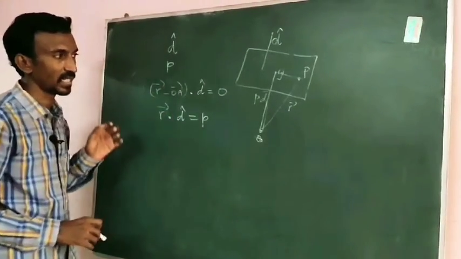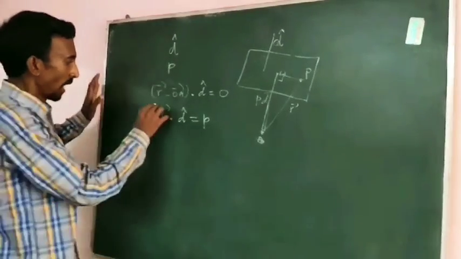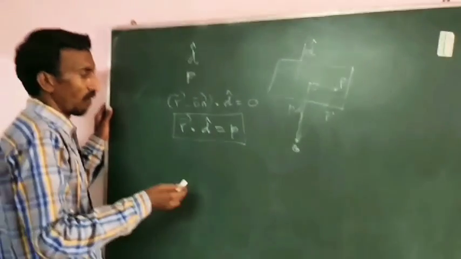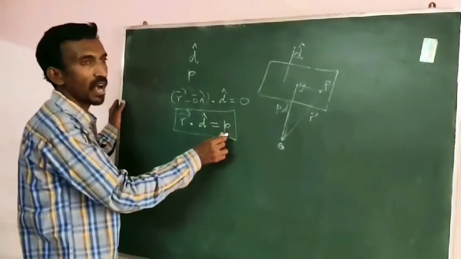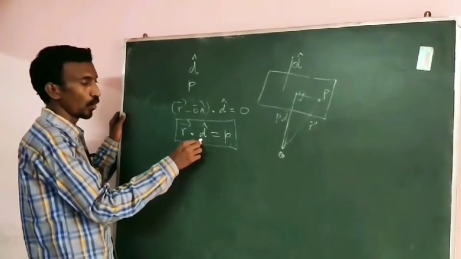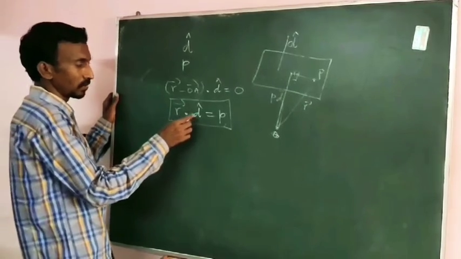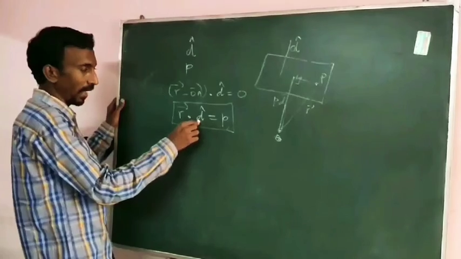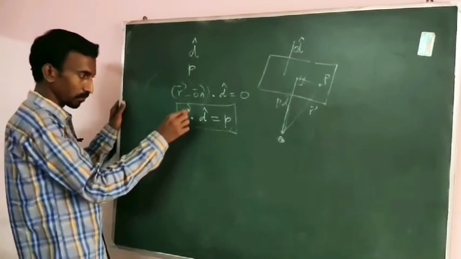By simplifying we get R vector dot D cap equal to P. It is the first equation of the plane when a unit normal and the perpendicular distance from the origin are given. P is the distance from the origin and D cap is the unit normal. It is the vector form. Imagine D cap is Li plus Mj plus Nk, and obviously R vector is Xi plus Yj plus Zk.